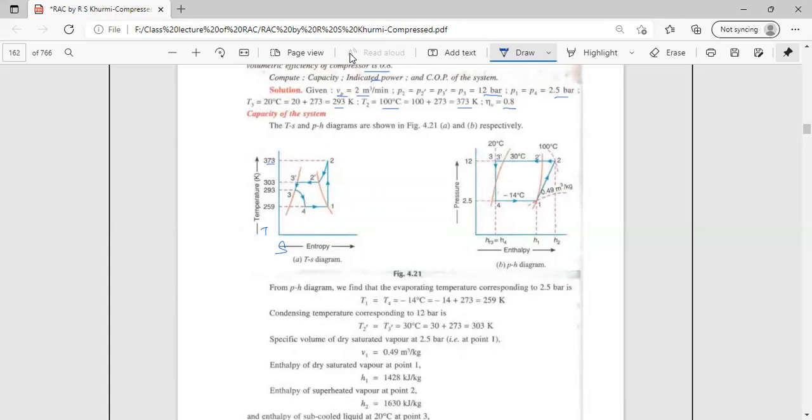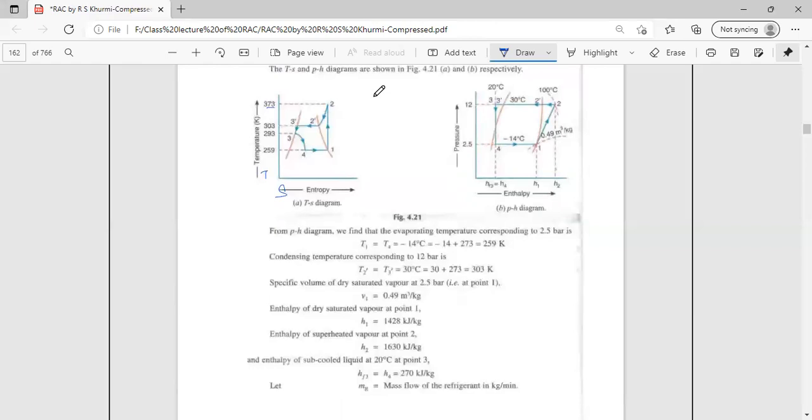So what is going on? In the pH diagram, the evaporator temperature corresponding to 2.5 bar, meaning the lower pressure, T1 equal to T4 dash, is equal to minus 14 degrees centigrade. So minus 14 plus 273 is 259 Kelvin.